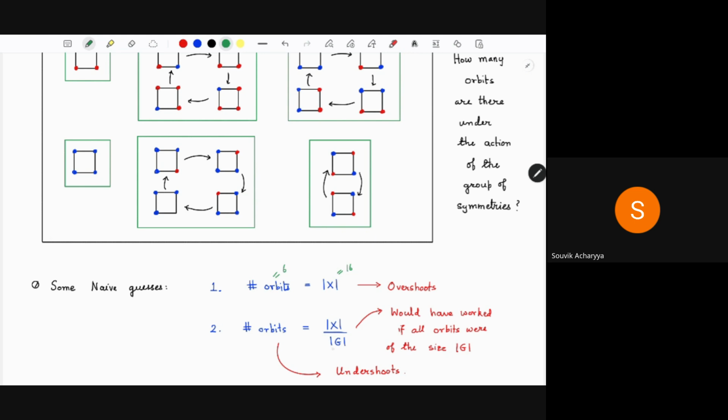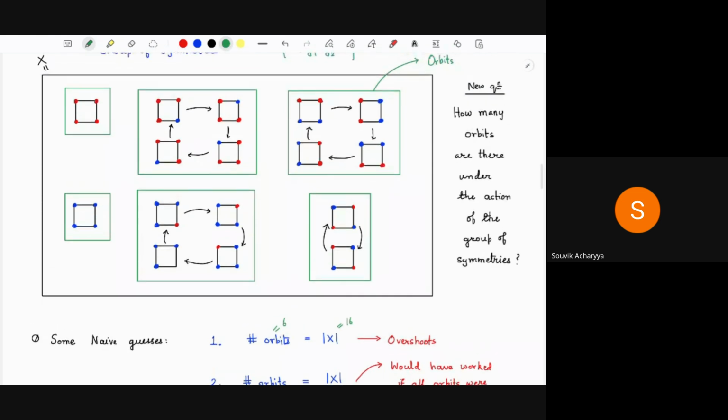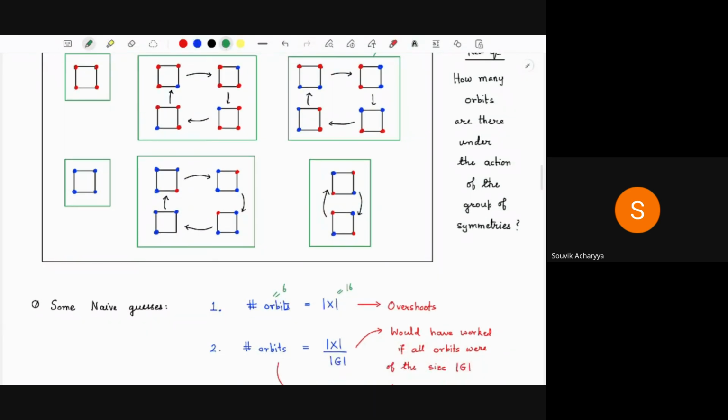I can just look at |X| over |G|. But this would be too much of a correction. This will undershoot, because had it been the case that all objects had 4 figures corresponding to them, this would be correct. But it's not the case. These guys only have 1, this guy has 2. So now you're doing an overcorrection, you're undershooting.